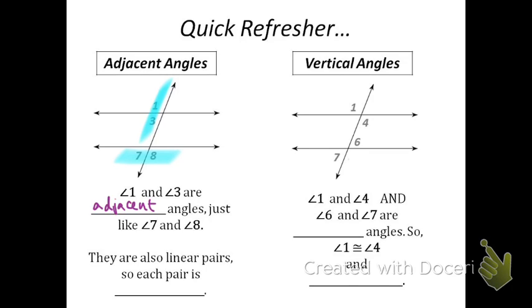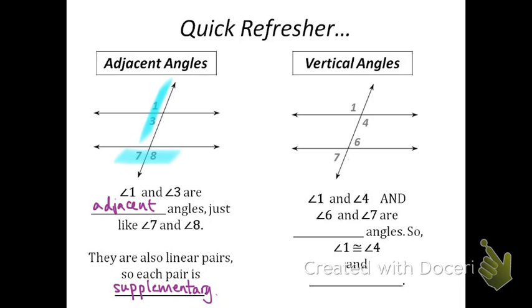Since they are also linear pairs, each pair is supplementary, and that's what I meant to have last time. So if you wanted to, you could change it, but if not, don't worry about it. As long as we know that we have adjacent angles, in these figures they are indeed supplementary.